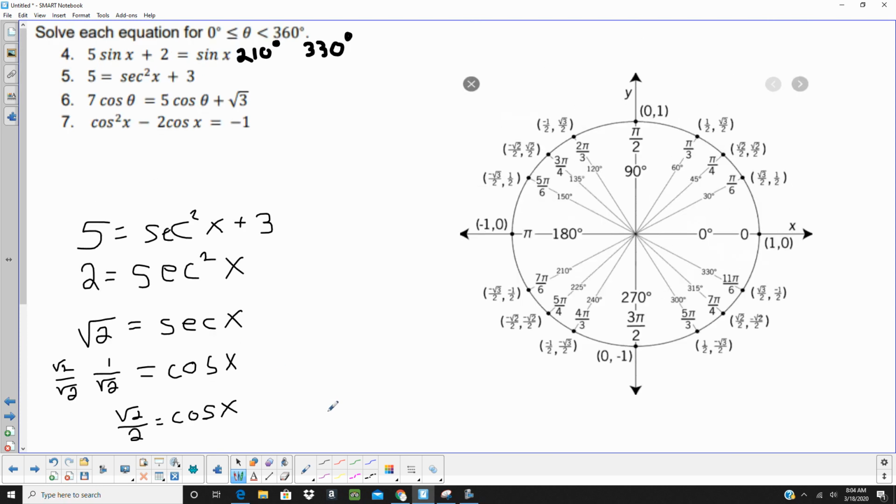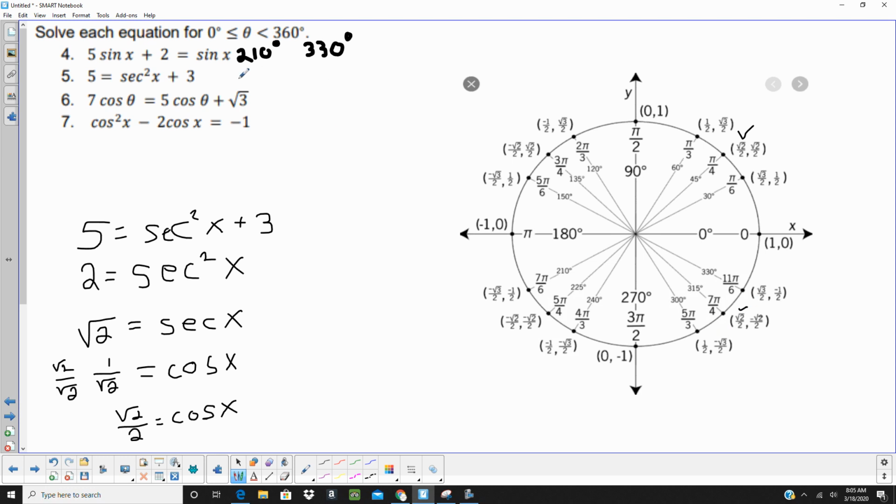Now I'm going to look on my unit circle for where my cosine is radical 2 over 2. It is right there. Oops, I meant to put my check mark over just a tad because I'm looking at my x coordinates. It is right there, and it is right there.